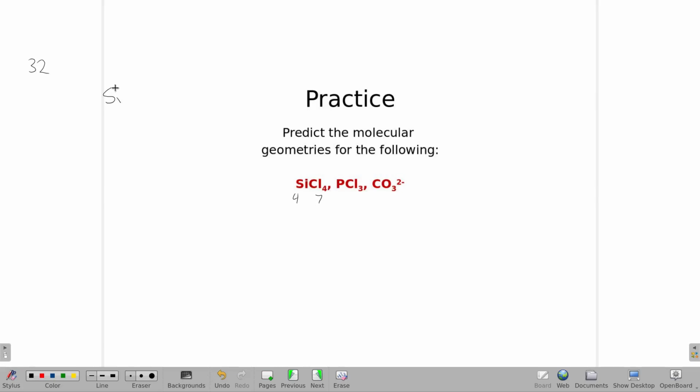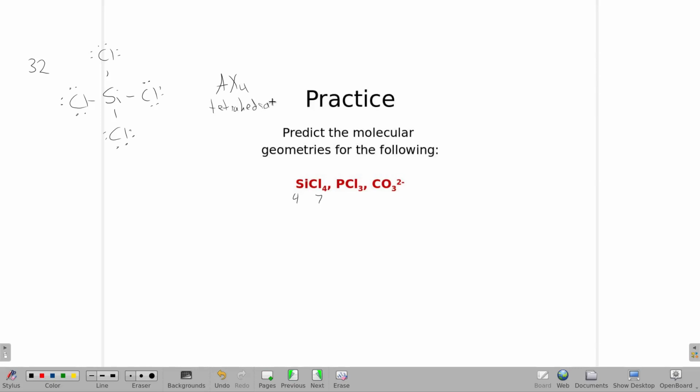I'm going to put silicon in the middle and surround it with the chlorines. 2, 4, 6, 8, 10, 12, 14, 16, 18, 20, 22, 24, 26, 28, 30, 32. All right, so that would be my structure. Got octet around everything, so 8 electrons on everything. My silicon has 4 things coming off of it. I could say it is an AX4, has 4 groups. That is tetrahedral.